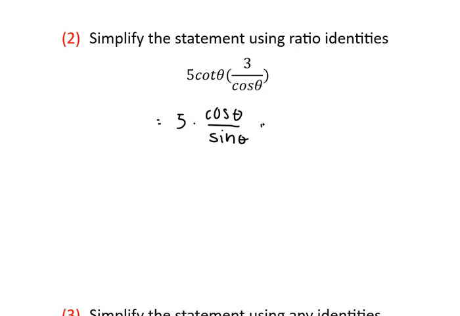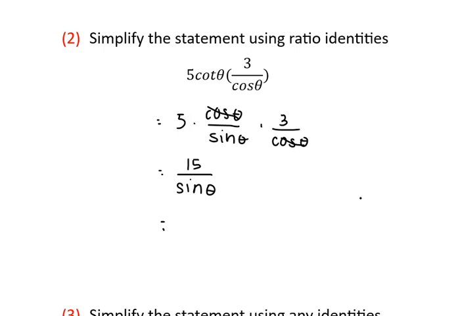Just copy this, multiply that by 3 cosine theta. Cosine theta cancels out because cosine theta divided by cosine theta is 1. The rest we just have to multiply: 5 times 3 is 15, and we have sine theta in the denominator. As I said a while ago, we try to get rid of denominators; we just want to see a one-liner type of answer here.